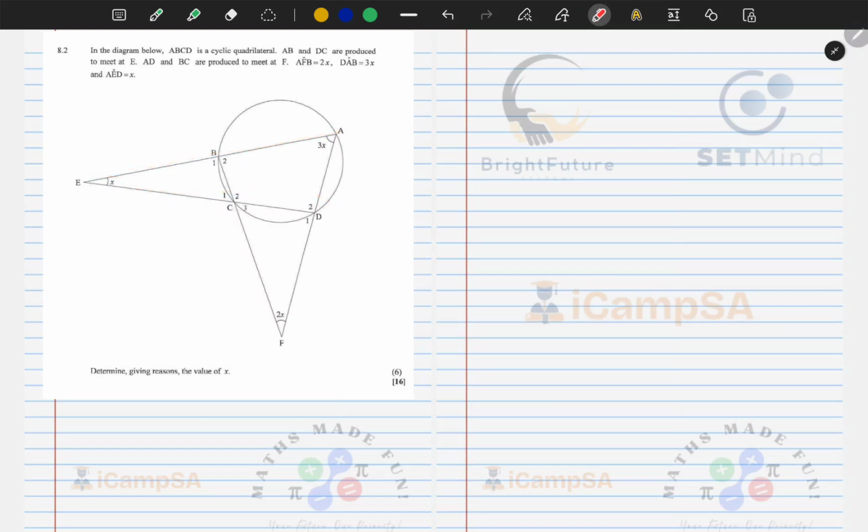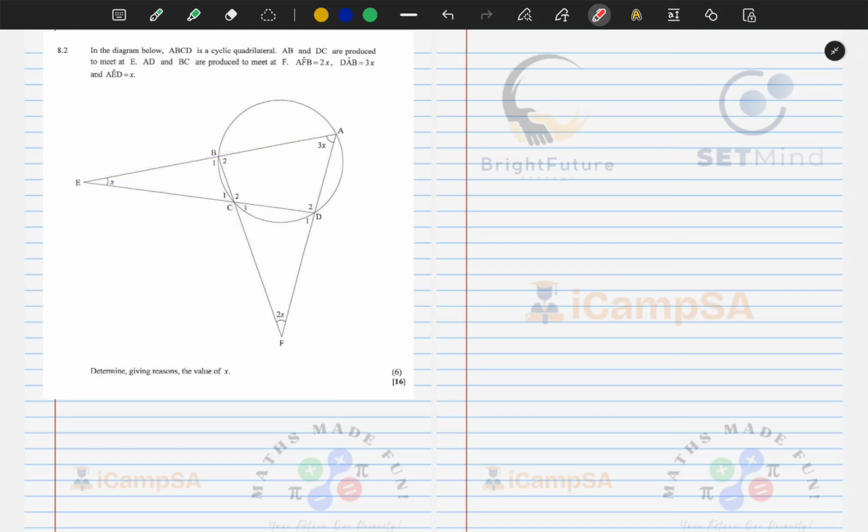So now we are being told to determine, giving reasons, the value of x. So what we want to try and have here is an equation where we can solve for x. In order for us to have that equation, we need two things that are equal to each other, and they both have a value of x.